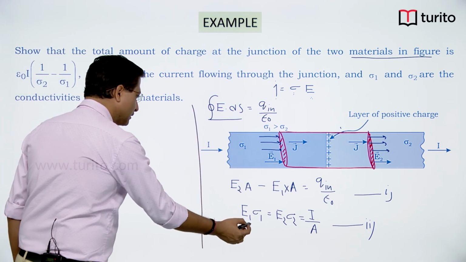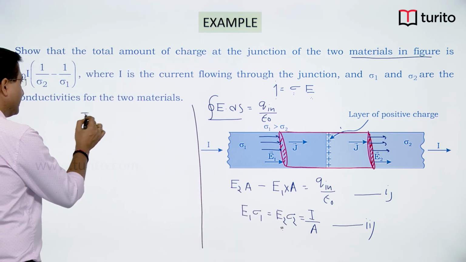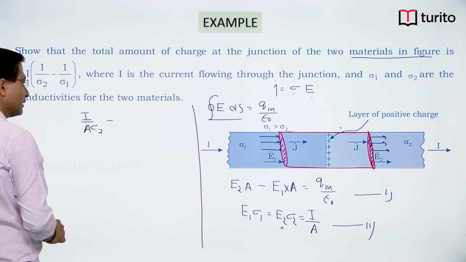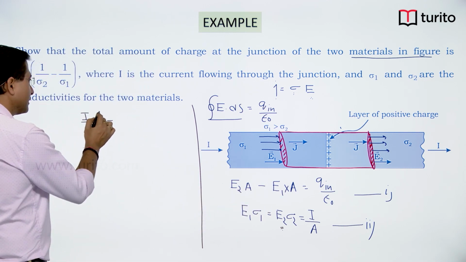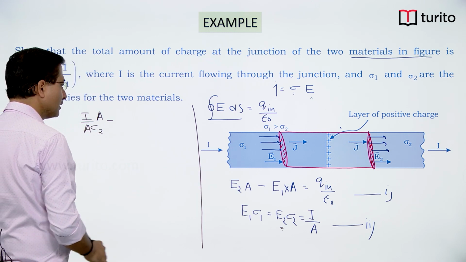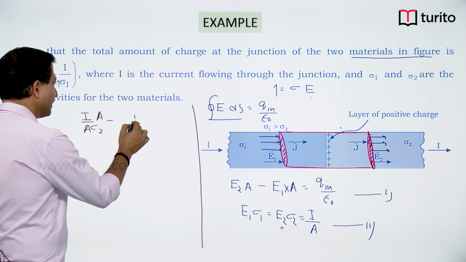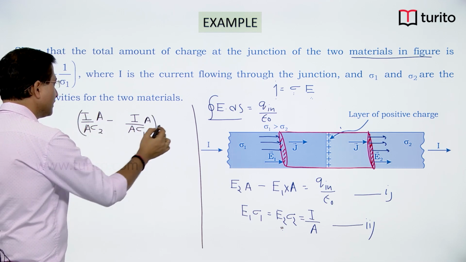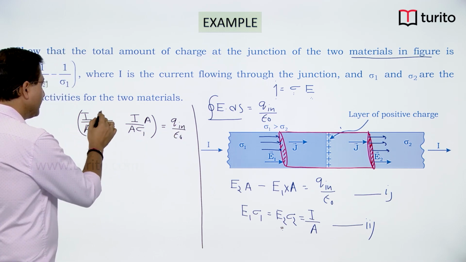E2 is equal to I by A sigma 2, multiplied by A. Similarly E1 is I by A sigma 1, so the difference times A is equal to q in upon epsilon naught.